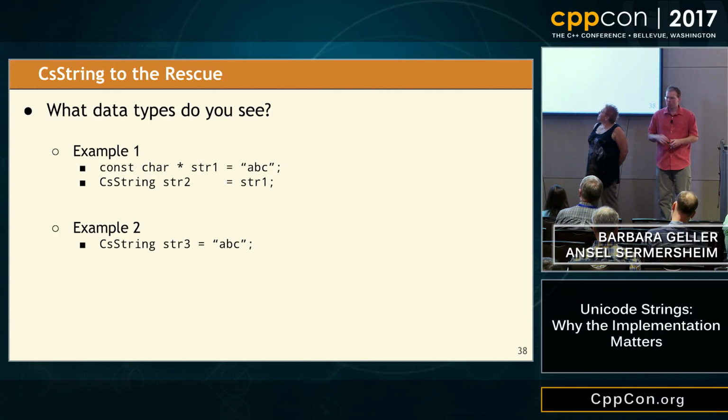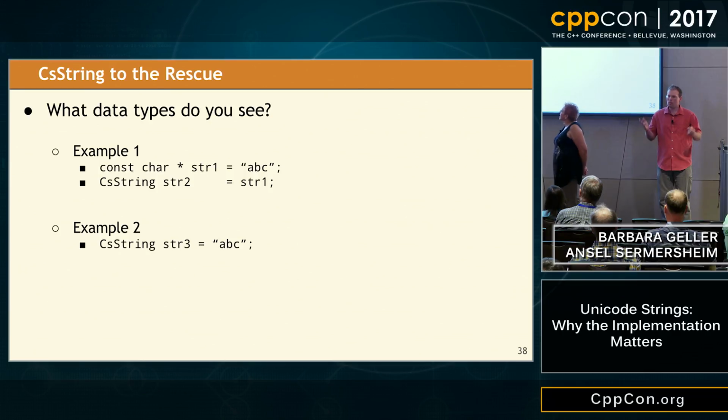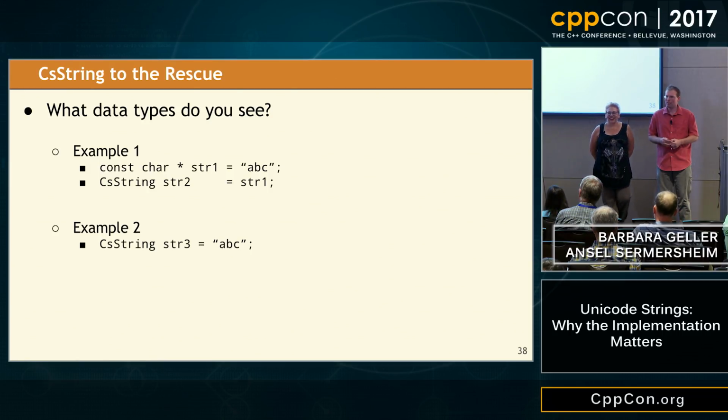So, what data types do you see in these examples? Because many novice C or C++ programmers will look at that and go, oh, I see a bunch of strings. But as we all know, data types are quite distinct and can be complex.